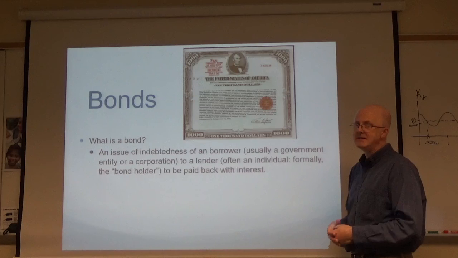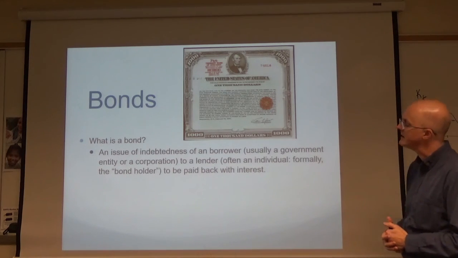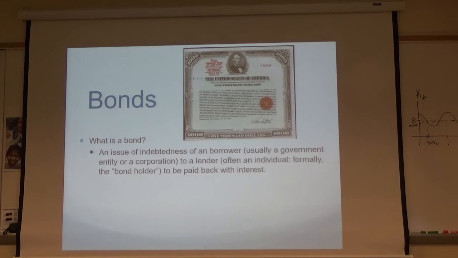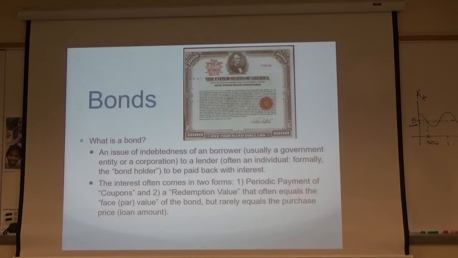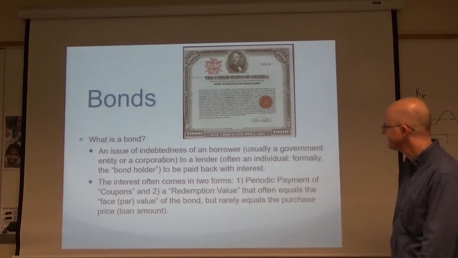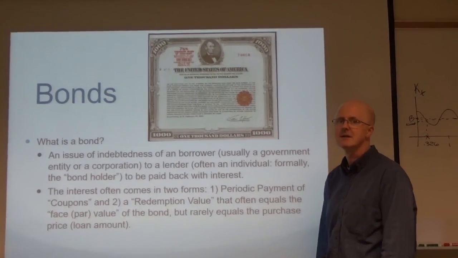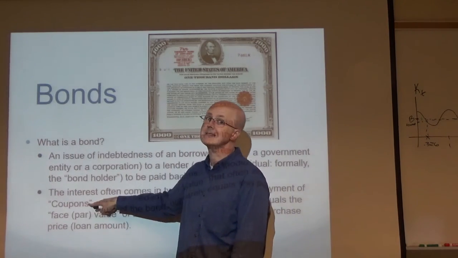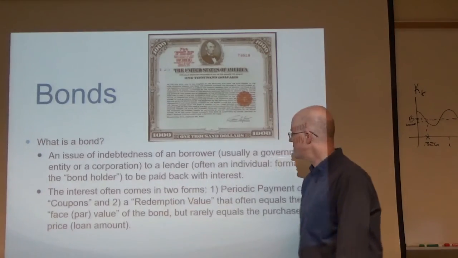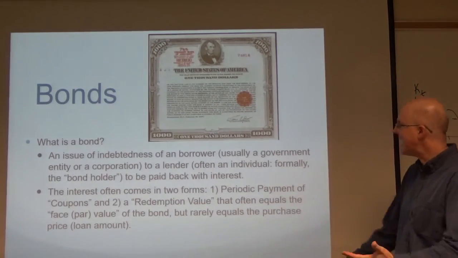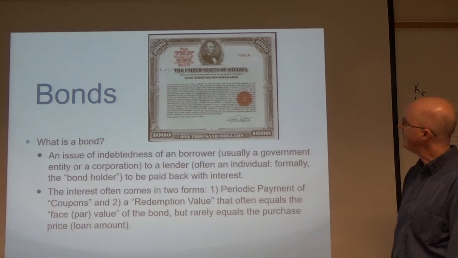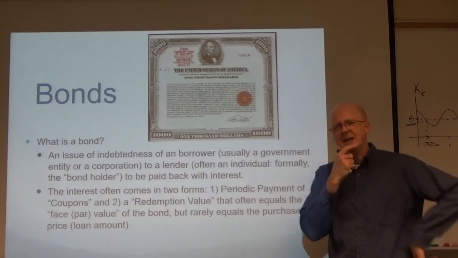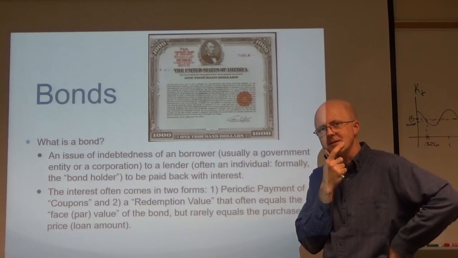And so they are loaning money to the government or corporation or nonprofit, and they want to get paid back with interest, as you usually do with investments. Why would you do anything else? The interest often comes in two forms: one, periodic payments of interest, mostly at least, called coupons, and two, the redemption value at the end of the term that often equals this face or par value, which in this case would be 1,000, but rarely equals the purchase price, the loan amount that you loaned to them.